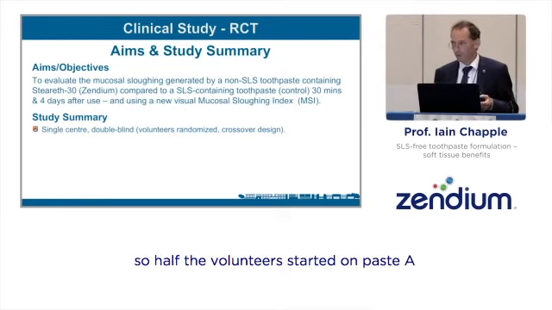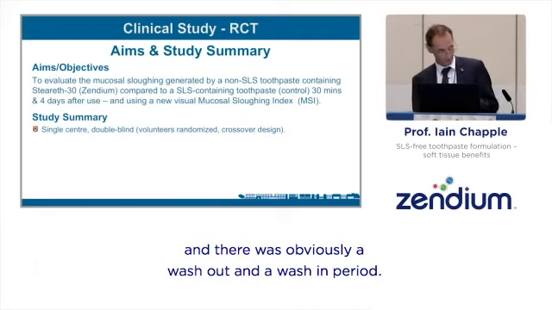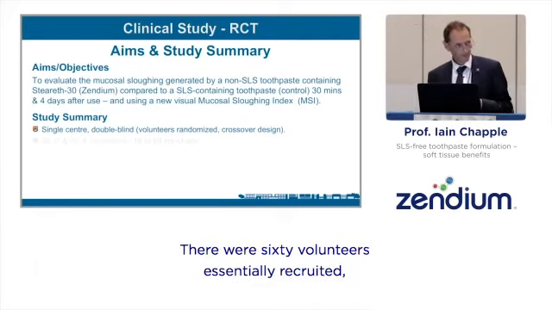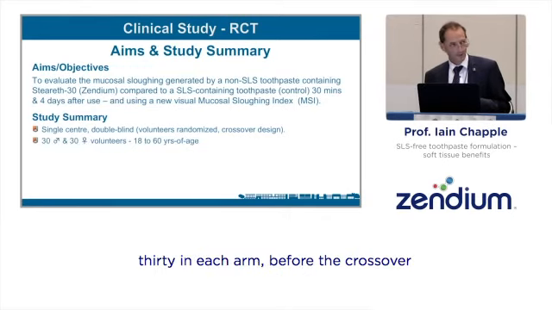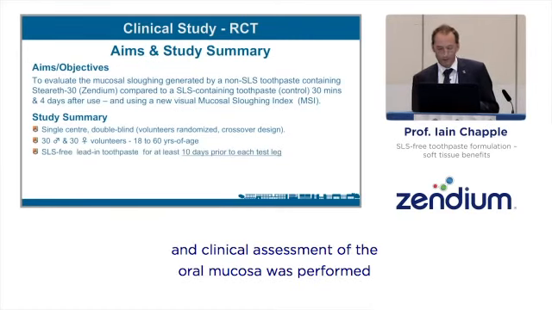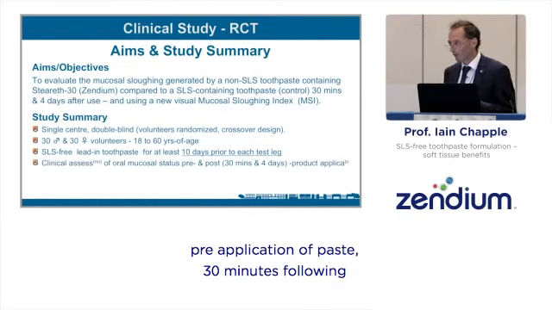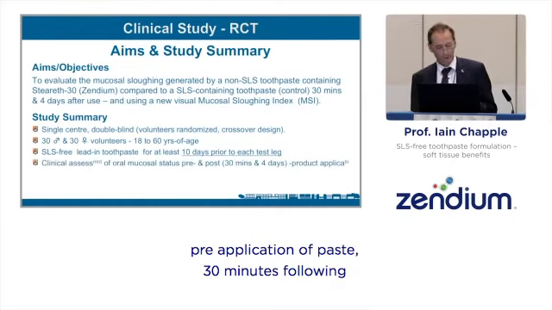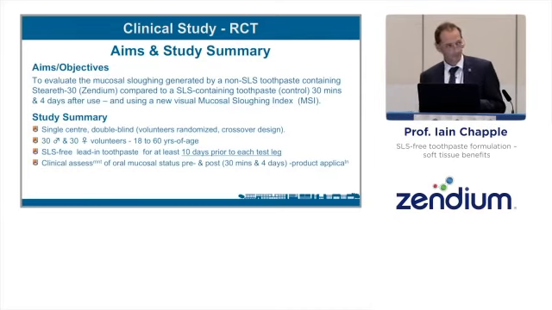So half the volunteers started on paste A, and then they crossed over to paste B, and there was obviously a washout and a wash-in period. There were 60 volunteers essentially recruited, 30 in each arm before the crossover, and clinical assessment of the oral mucosa was performed pre-application of paste, 30 minutes following the application of the pastes, and then 4 days later.